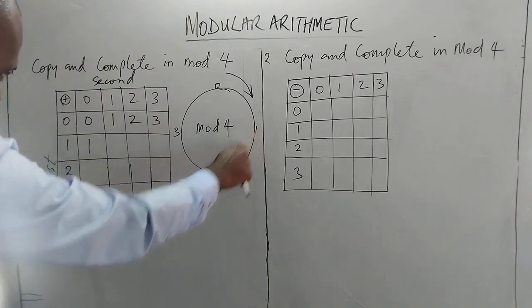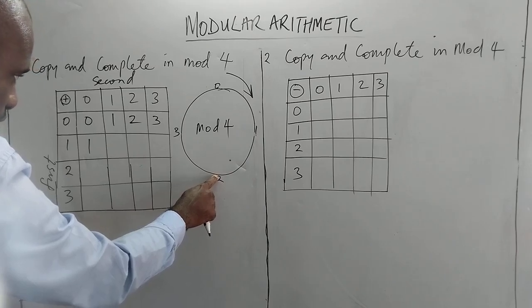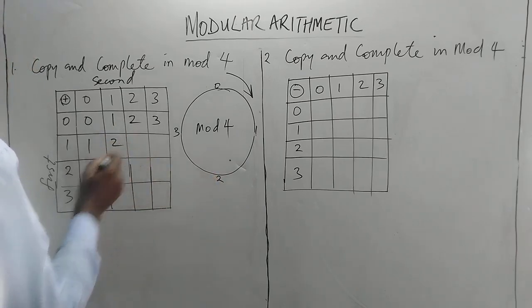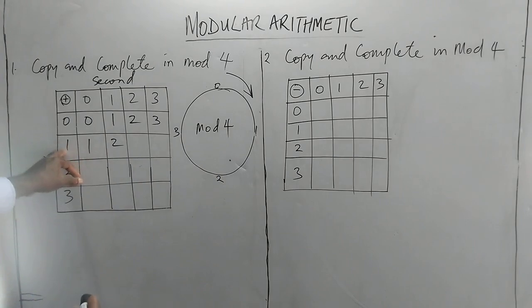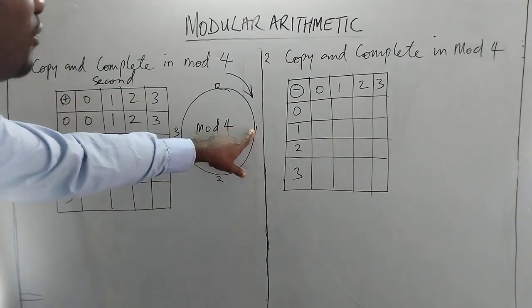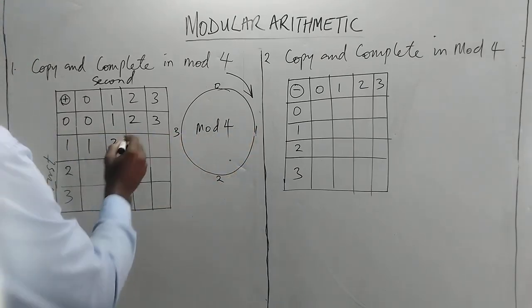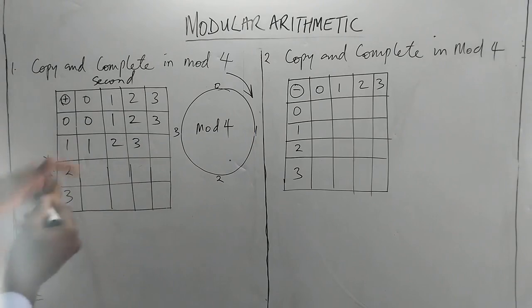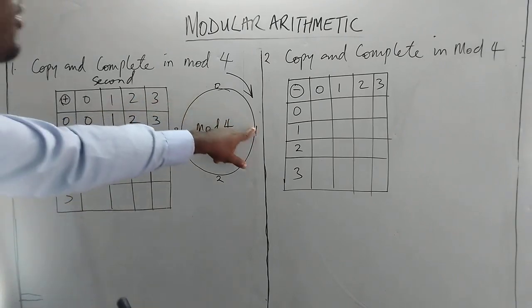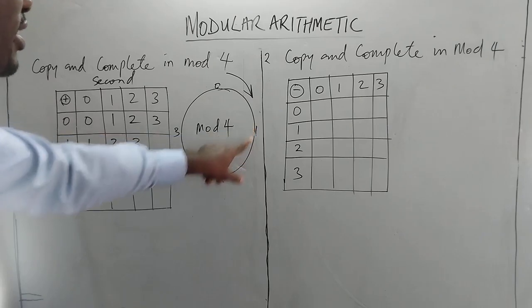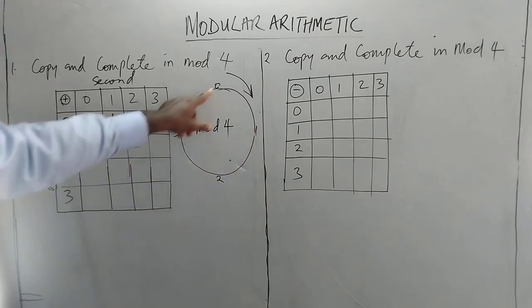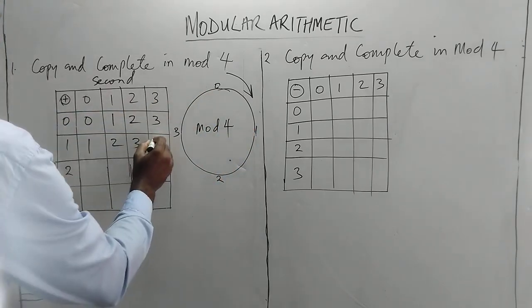So from 1, if you move once, you will land at 2. Write 2. 1 plus 2 means you are starting from 1, you are moving 2 times. 1, 2. You write 3. 1 plus 3 means you are starting from 1 and you are moving 3 places. 1, 2, 3. You write 0.